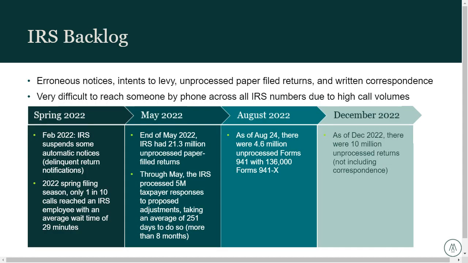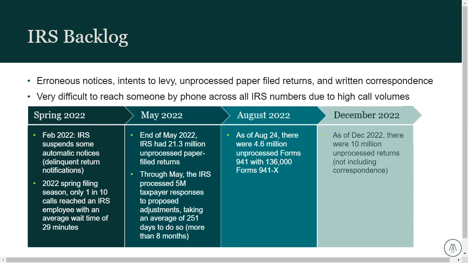As Jane noted, the IRS continues to increase modernization efforts, including e-filing of a greater number of forms and lowering the threshold for the e-filing mandates to reduce paper-filed returns. However, in 2022, as they're moving to a more electronic filing system, they continue to be burdened with millions of unprocessed paper-filed returns, some of which were housed in that cafeteria.